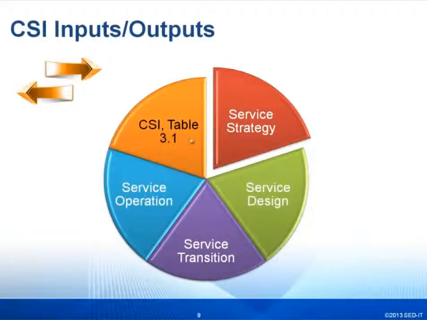CSI, remember, nothing is out of scope within CSI, so its outputs into strategy or design or transition are going to be surrounding the concept of information to drive improvements, or at least to consider improvement and either make it or not, depending on the data that is coming from the CSI group. So again, find those patterns.